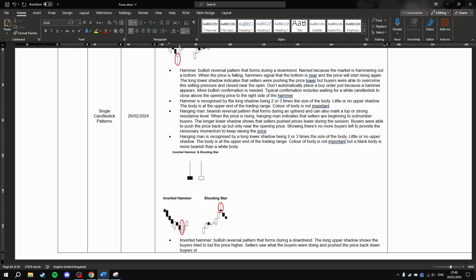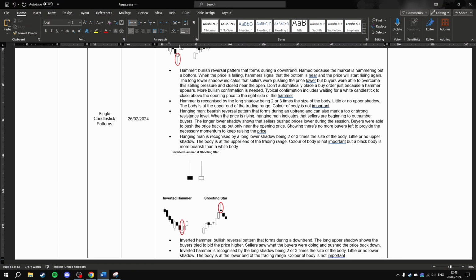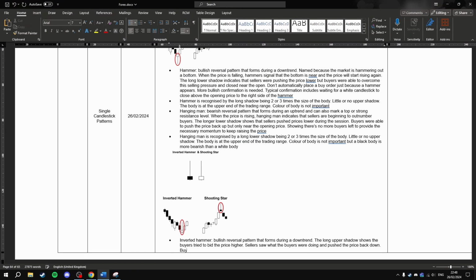Buyers still closed the position near the opening price.